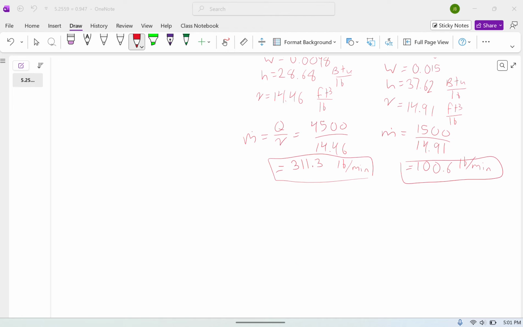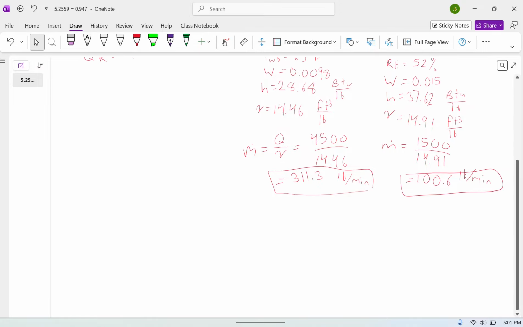So using the information we have now, we can plug these into our psychrometric calculations to determine our new enthalpy and our new humidity ratio, because those are just the weighted averages of the mass flow rates. And then we can use those values to find our new dry bulb temperature.